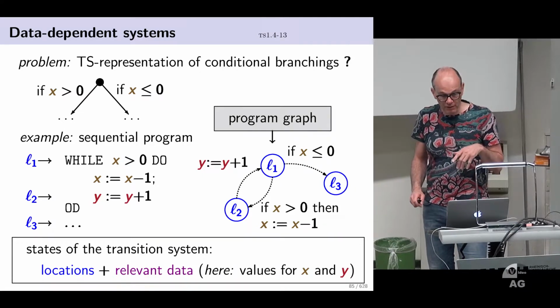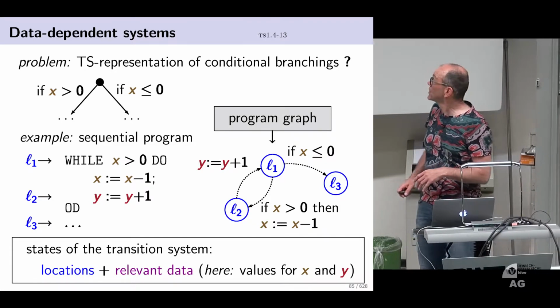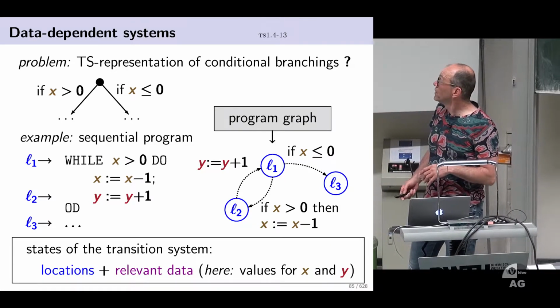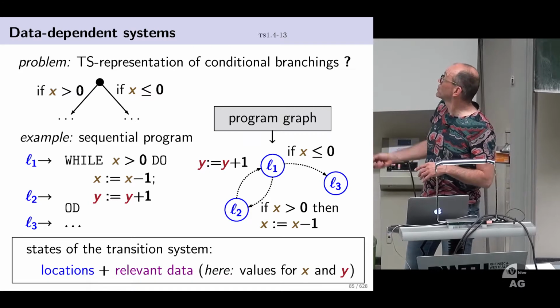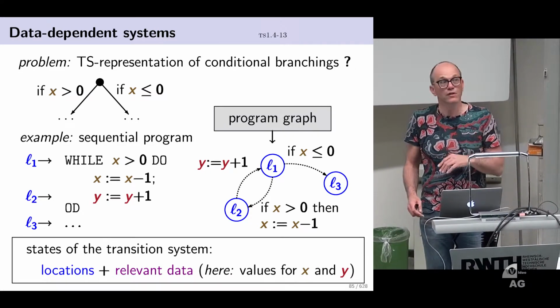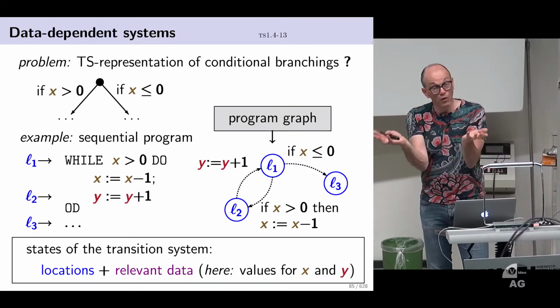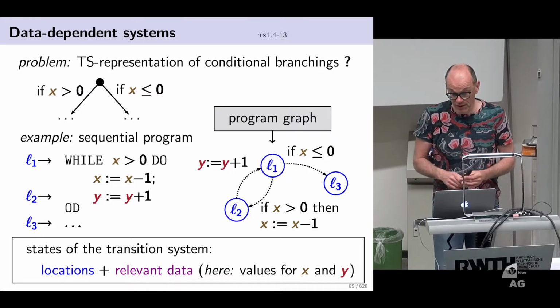In my example, I basically have 2 program variables, x and y. So in my case, a state of this system would be: I am in some location L, the current value of x is 15, for instance, the current value of y is 10, for instance, and that is the whole information I need to model this as a state.